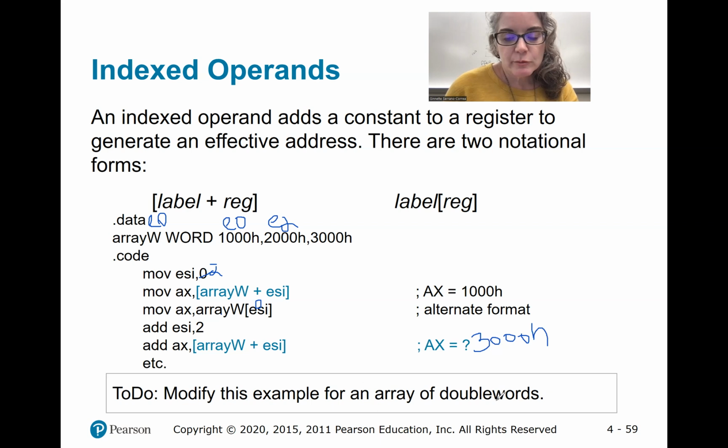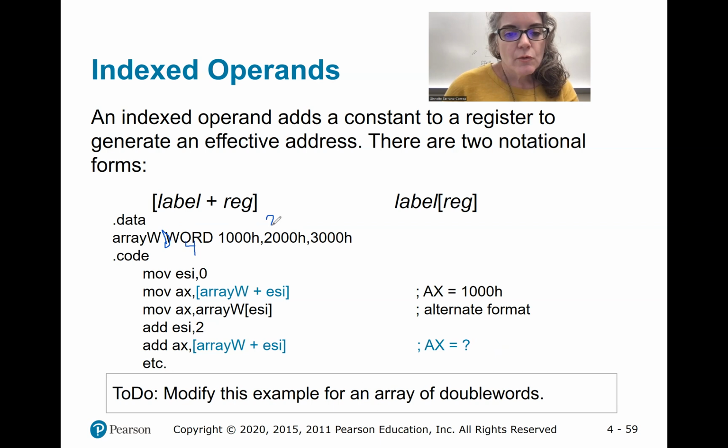Okay. Then here at the bottom, it says to modify this example for an array of double words. So let's clear everything. If we had to modify this for double words, of course, we would put a D here. For double, put a D there. But because it's double words, it's no longer 2 bytes. These are 4 bytes each. Each element is 4 bytes. So this is 0, 0.